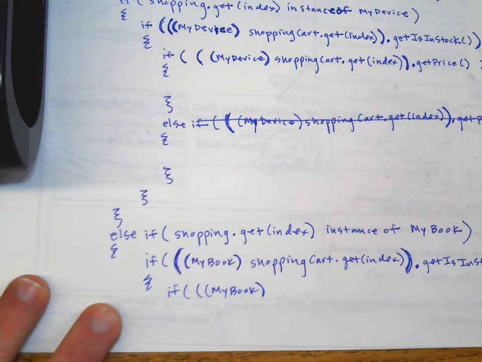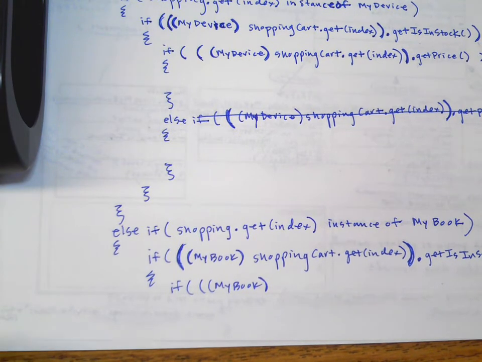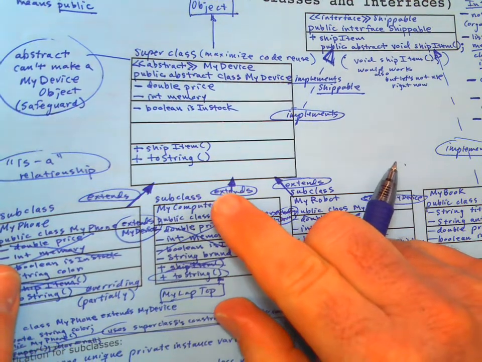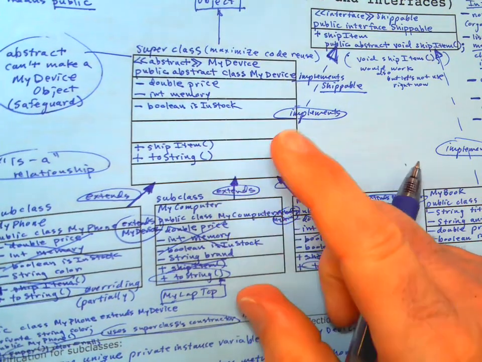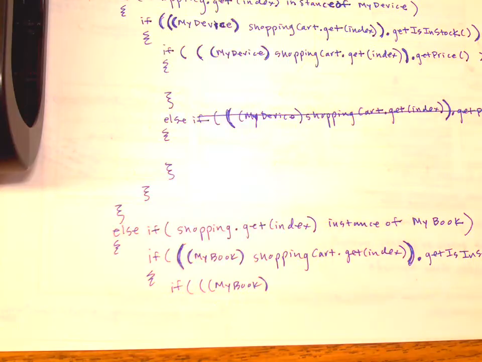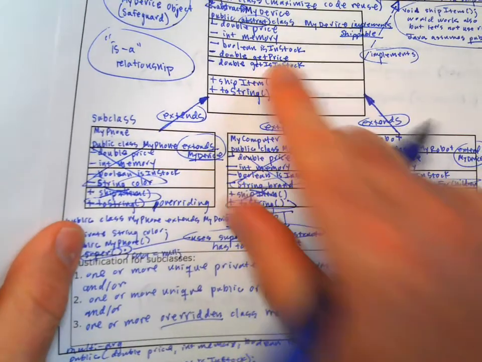Okay. Now, that is a little bit of an issue that comes up when we're using the interface. One way to solve it is we could say, well, in the shippable interface, they do share these methods, don't they? I thought I wrote it on here. Get. Wait, I'm looking at the wrong one. Okay, so they do share get price.